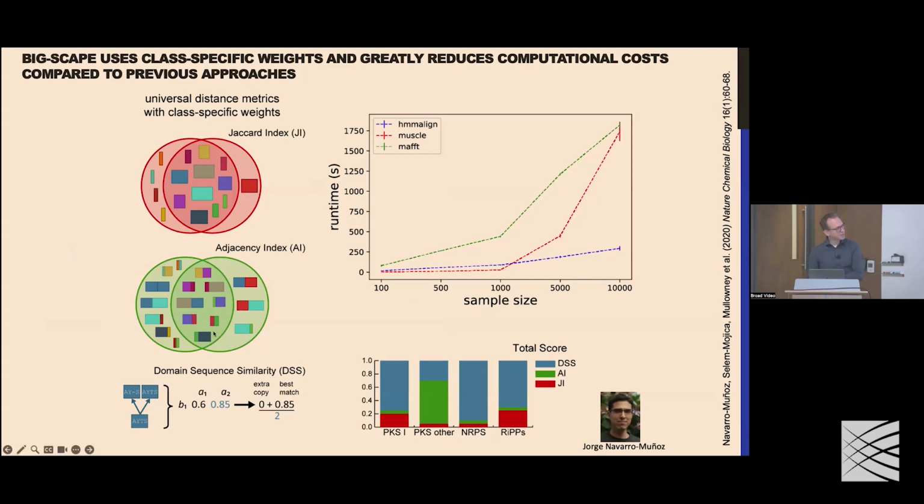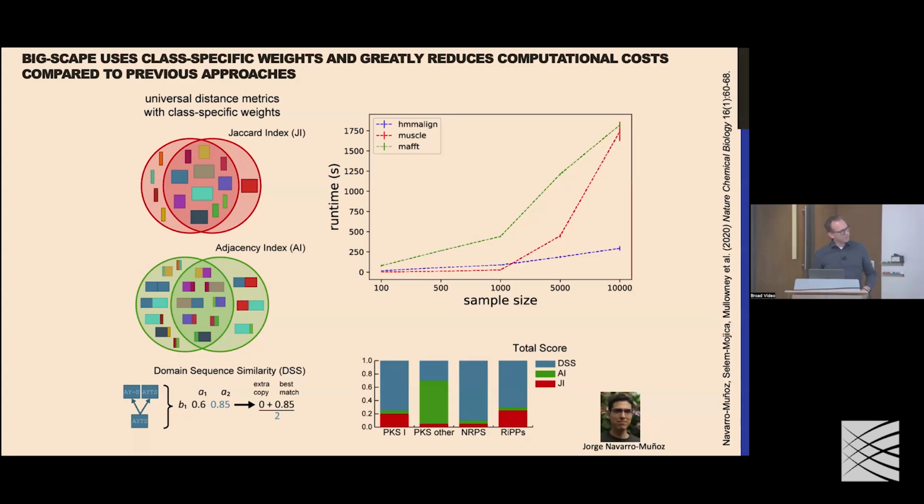The simplest metric is the Jaccard index of the protein domains. If you have a pair of these gene cluster protein domain strings, what fraction of the protein domains are shared between both of them or are unique to either one or the other. You can also do that with pairs of adjacent protein domains, which tells us something about the conservation of order, and that can also be done with triplets, for example.